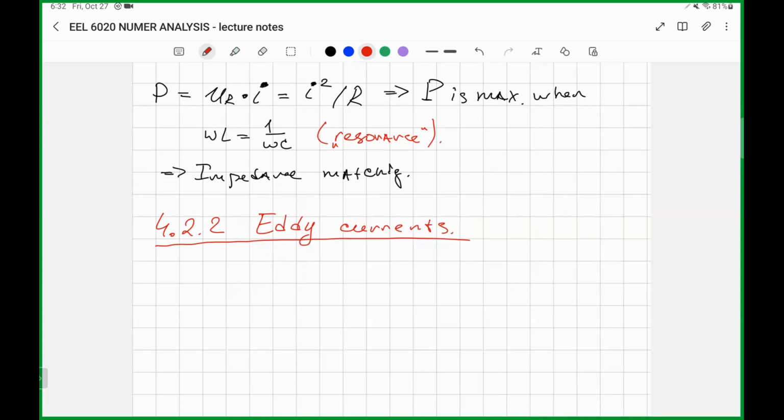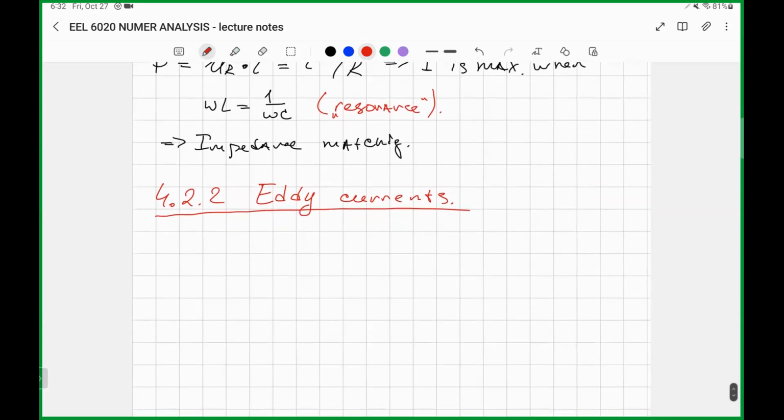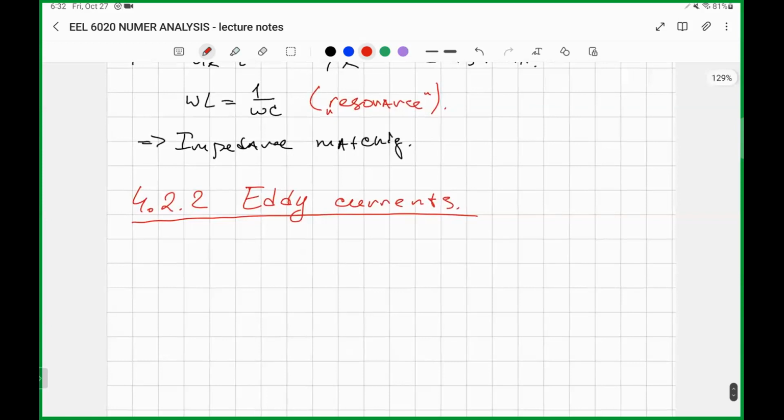And this point about the eddy currents is mostly important in the case of low frequency fields, like 1 megahertz frequency field around.